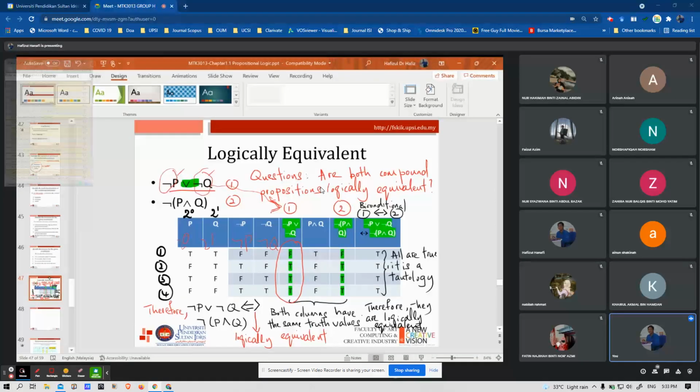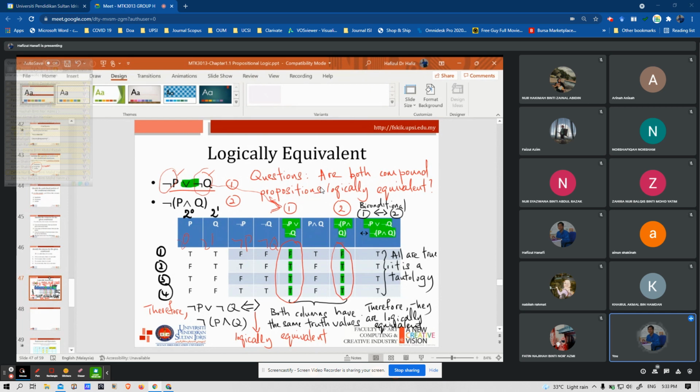Then you do the second proposition: P and Q, and then negate (P and Q). For both of these, they are logically equivalent, all the truth values for these two propositions are the same for the output.